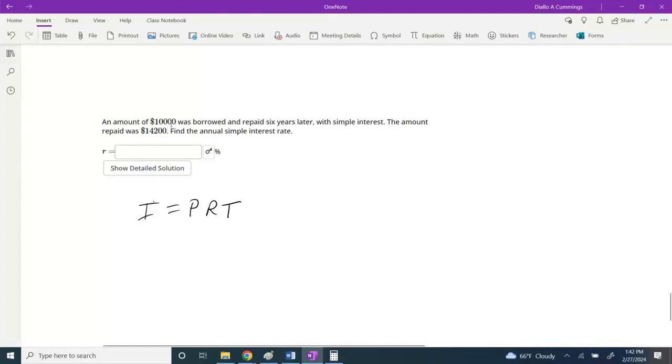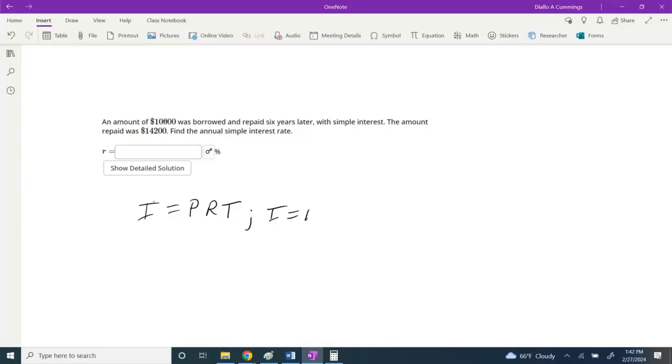Now it says the amount of $10,000 was borrowed. The amount repaid was $14,200. So the interest is going to be that $14,200 minus the $10,000 you originally borrowed.